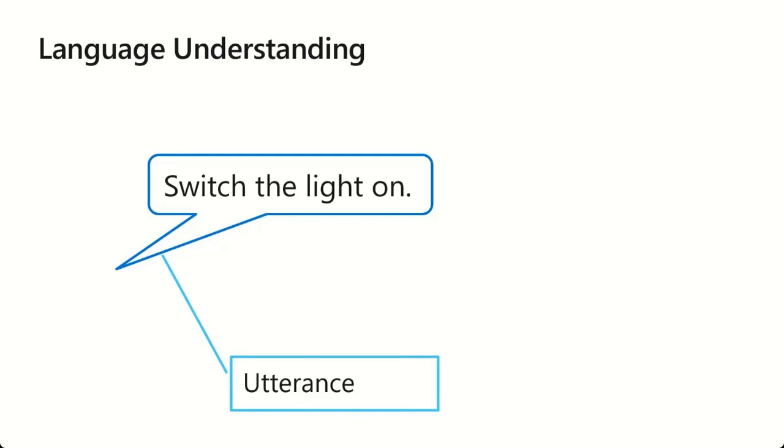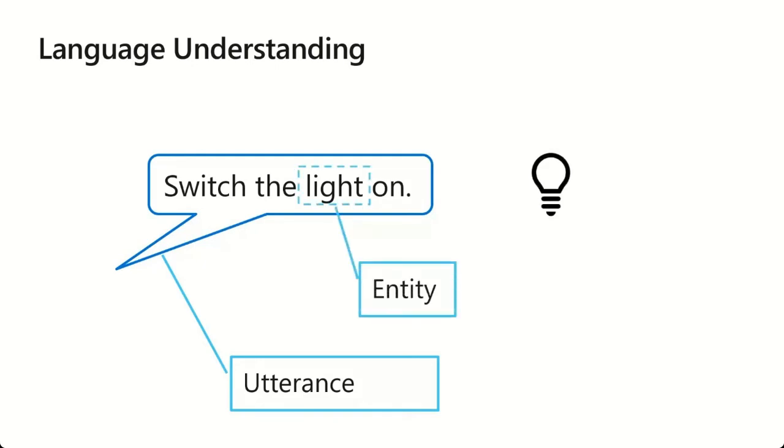Utterances are phrases that a user might say. Switch the light on, turn the fan off, turn the fan on, turn the heater off, etc. That is an utterance.